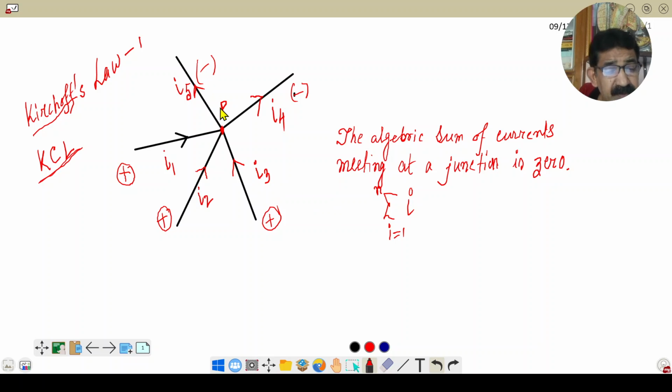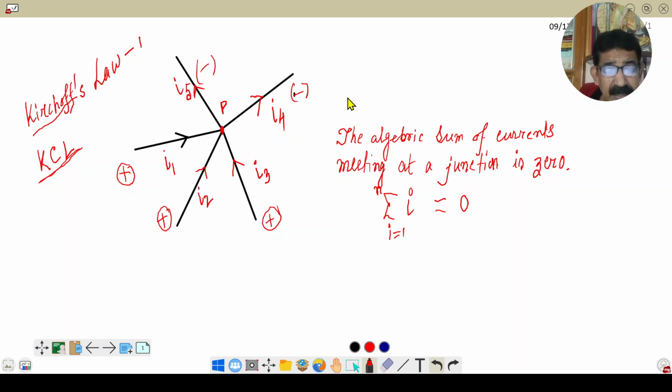In this case, only 5 currents have been shown: I1, I2, I3, I4 and I5. Among these, I1, I2 and I3 are positive, and I4 and I5 are negative. So we can say this is equal to 0. This is the mathematical form of this rule.